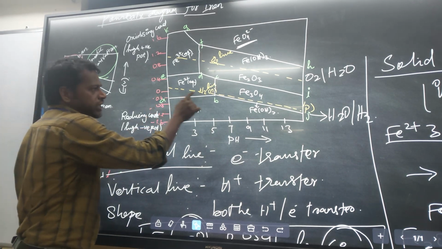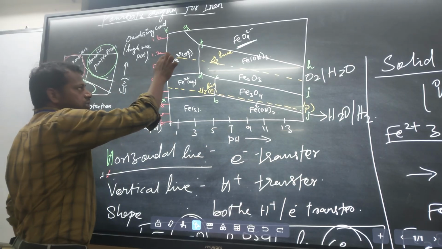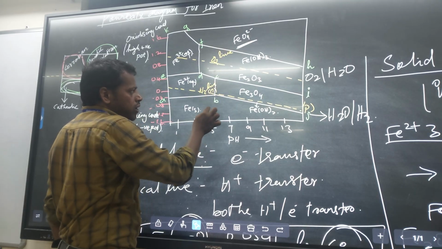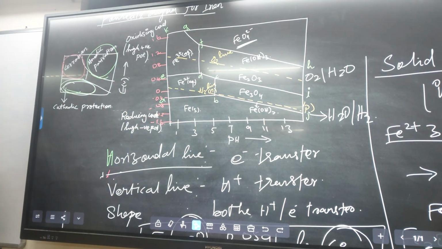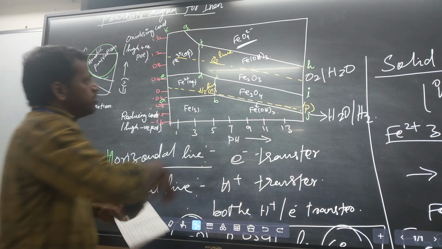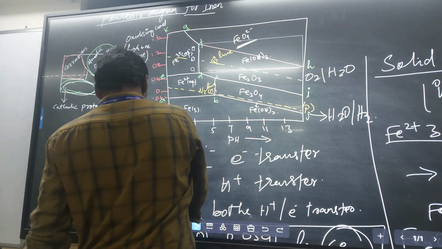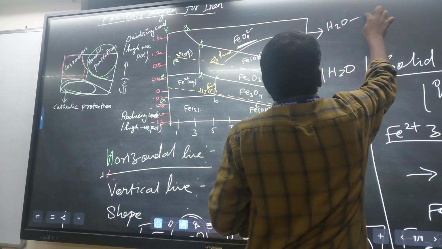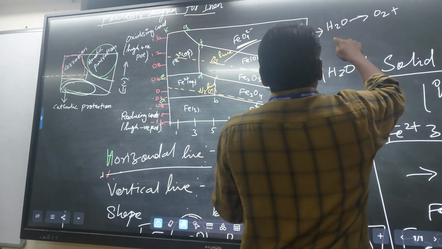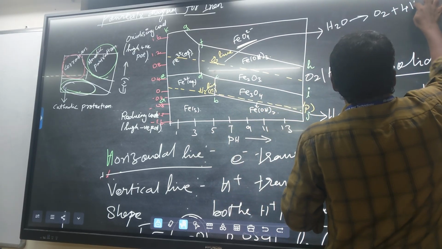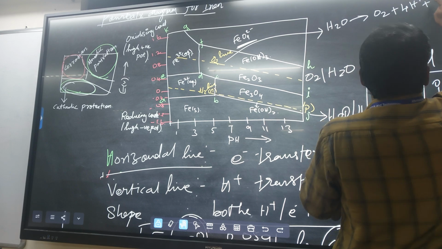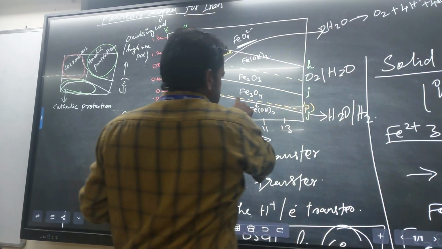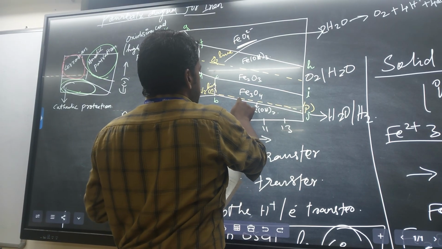This dashed line is the water line. Above the water line, the oxygen content is more. Below this water line, the hydrogen H2 content is more. Above, 2H2O forms O2 plus 4H plus plus 4 electrons.